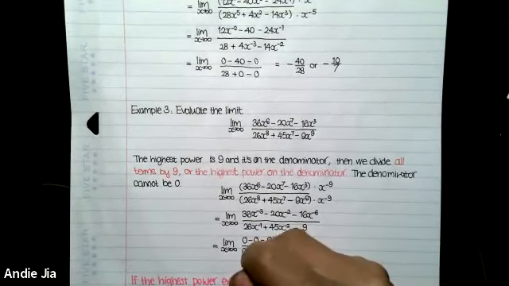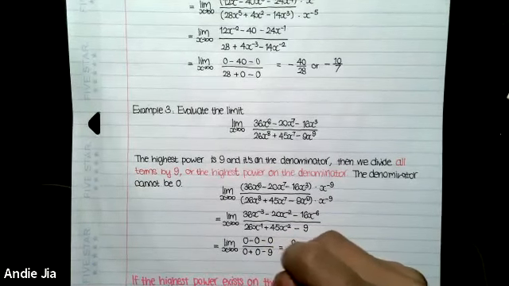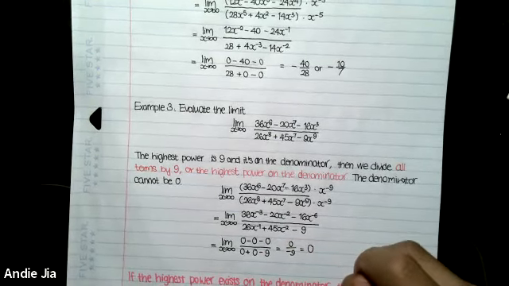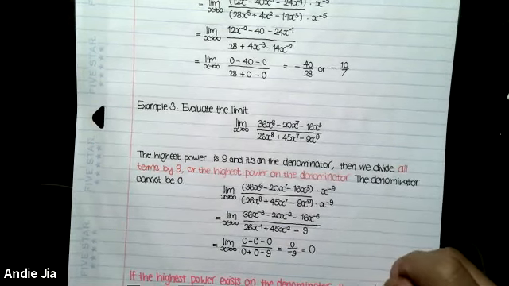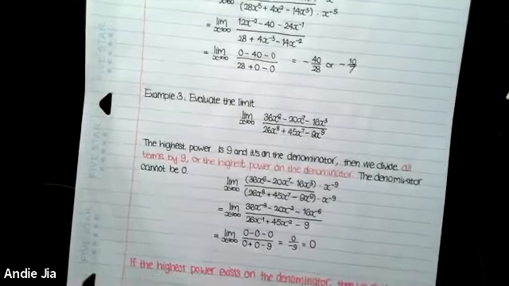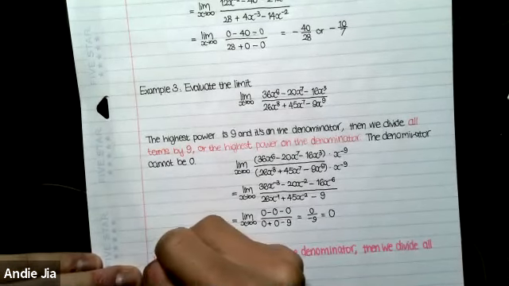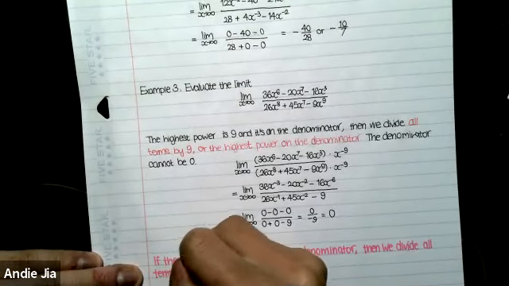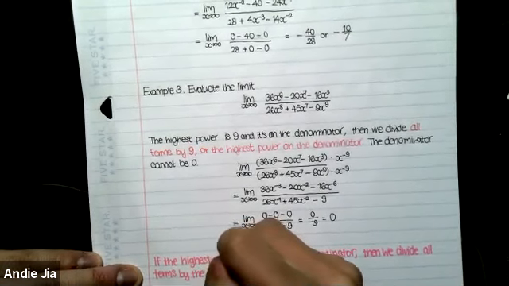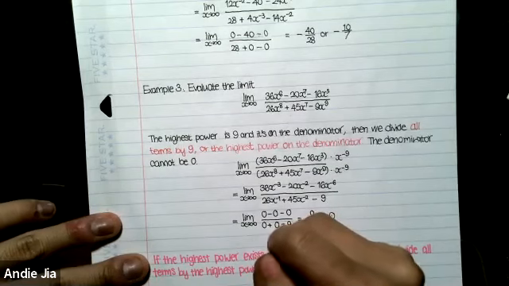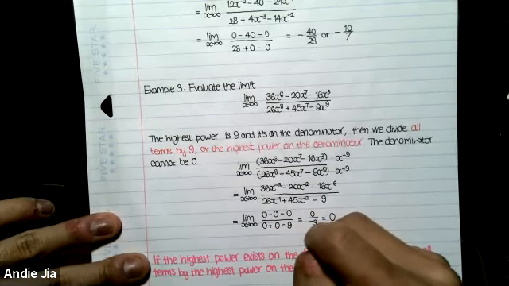Exists on the denominator. Then we divide all terms by the highest power on the denominator.